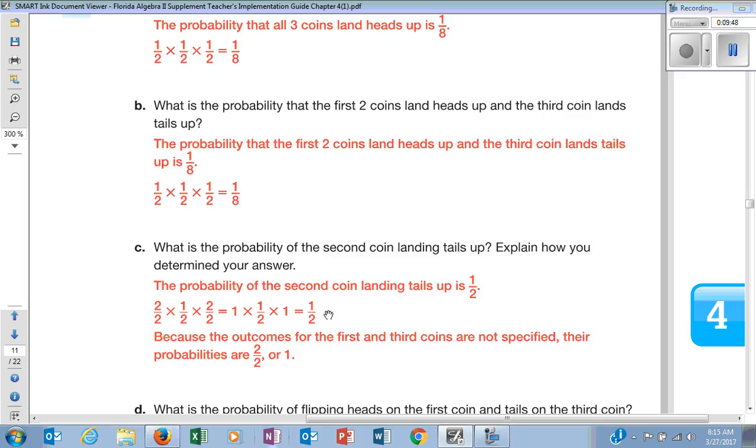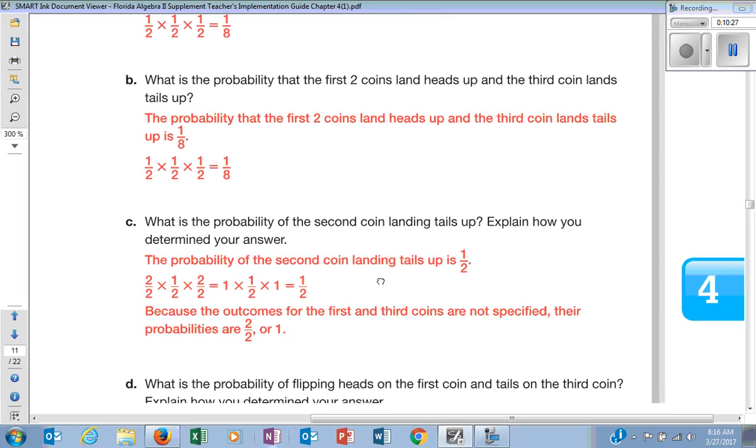Because the first one I flip is either going to be what? You flip a coin, and it lands on what? Heads or tails. The third event is going to be heads or tails. It doesn't matter. This does not limit the first or the third. It wants the second one to land tails up. The probability of that happening is 1/2.